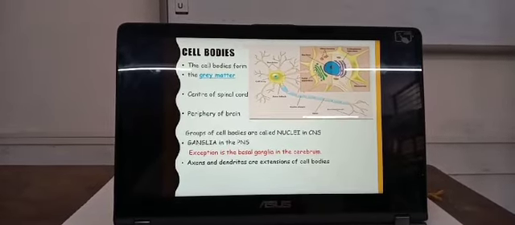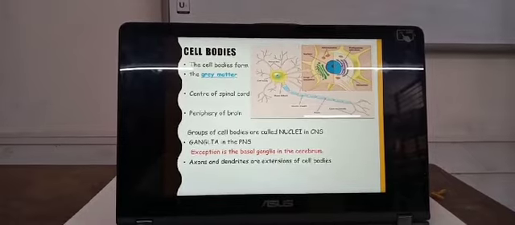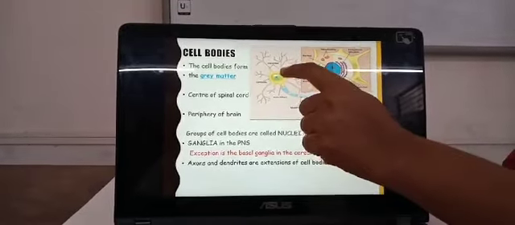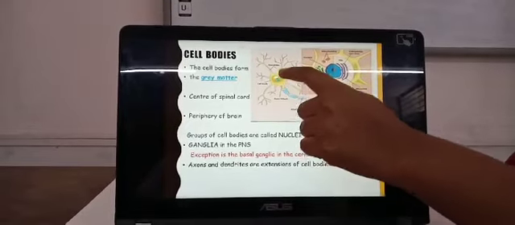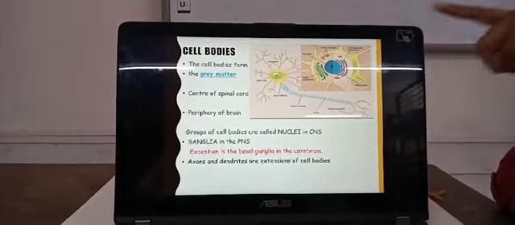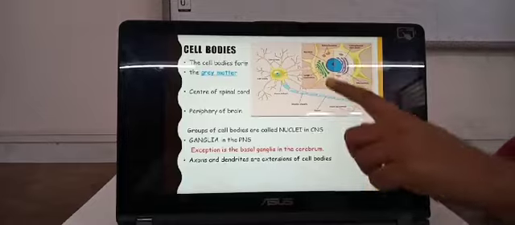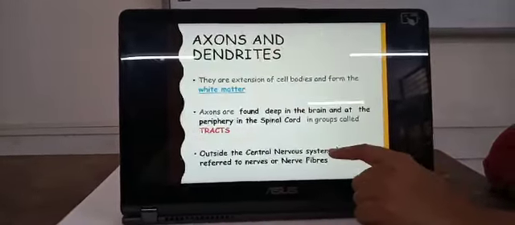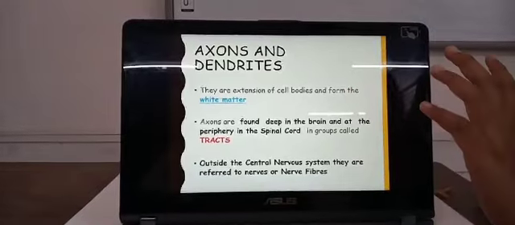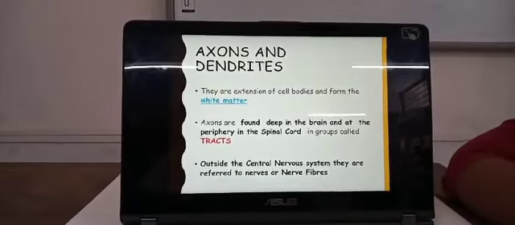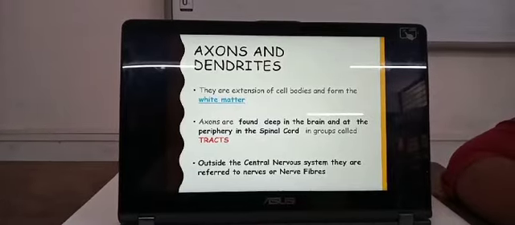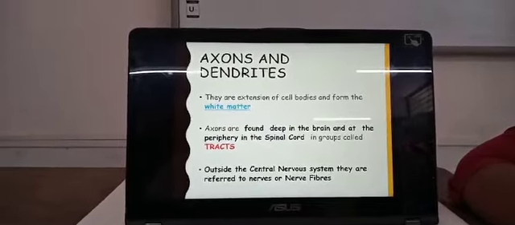The axon and the dendrites are the extensions of the cell body. Here we learned there is a cell body. First we learnt about the cell body. The cell body forms the grey matter. The grey matter is present in the periphery of the brain.